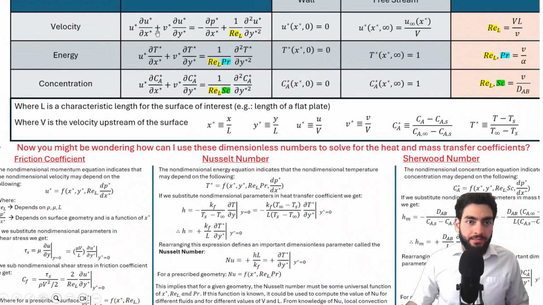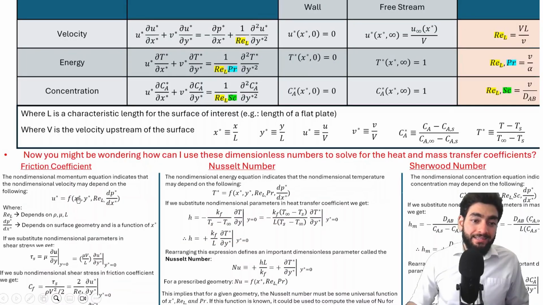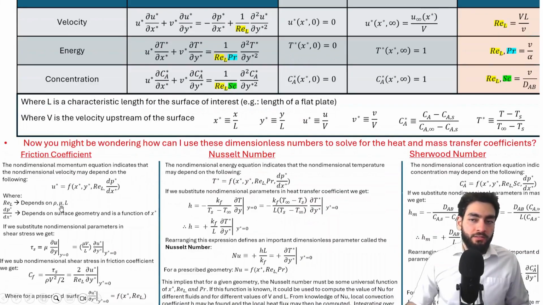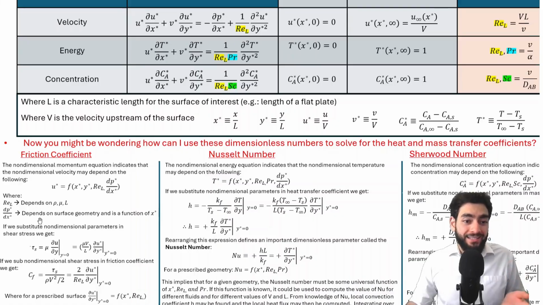If you look at this equation, you can see that the non-dimensional velocity can be a function of the non-dimensional x distance, the non-dimensional y distance, the Reynolds number, and the pressure drop, where the Reynolds number we saw depends on the upstream velocity multiplied by the characteristic length over the kinematic viscosity. And we know that the pressure drop depends on the surface geometry, and it's a function of the non-dimensional x value.